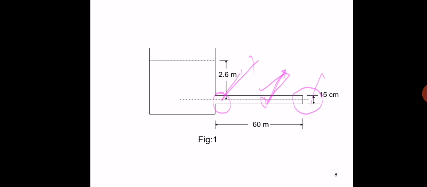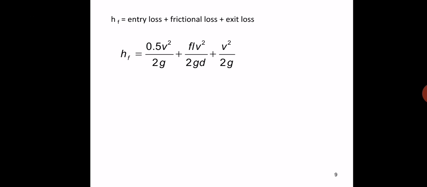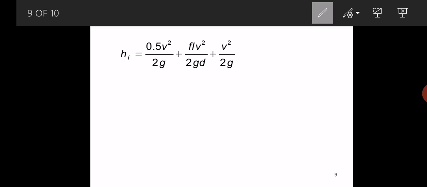The formulas for the different losses are: for the entry loss, 0.5 V square by 2g; for the loss due to friction, f L V square by 2g; and at the exit of the pipe, V square by 2g.